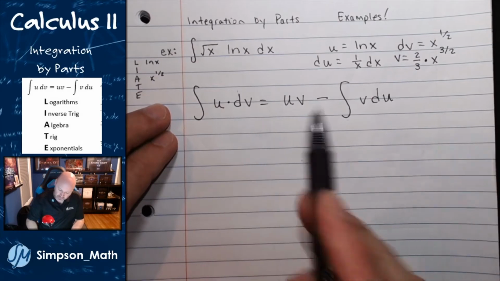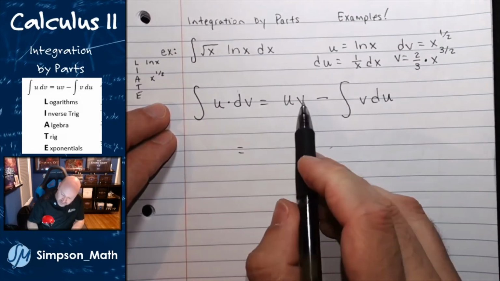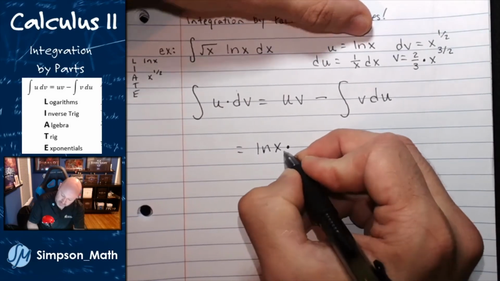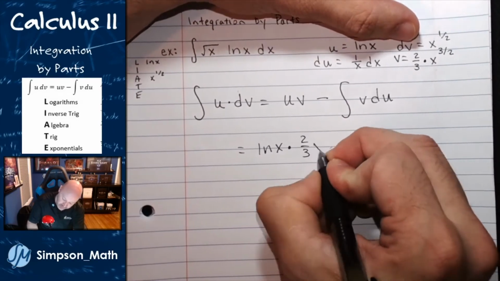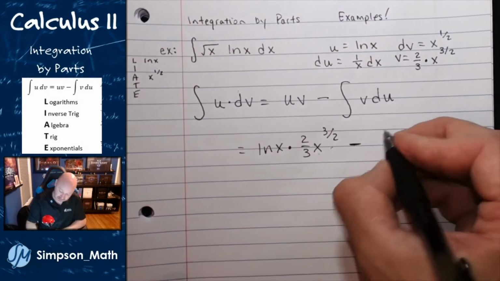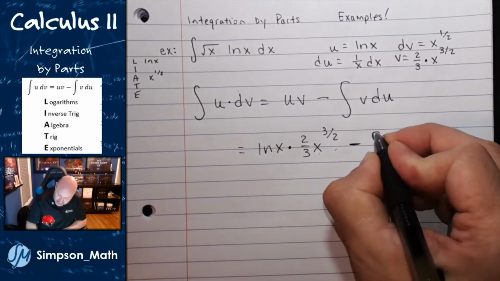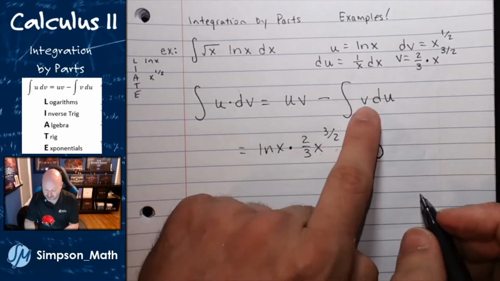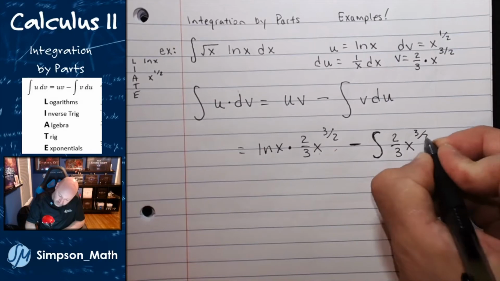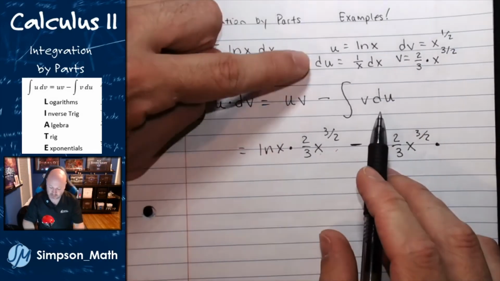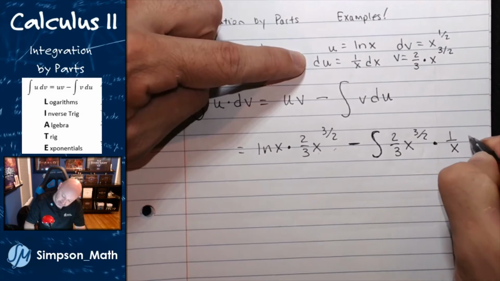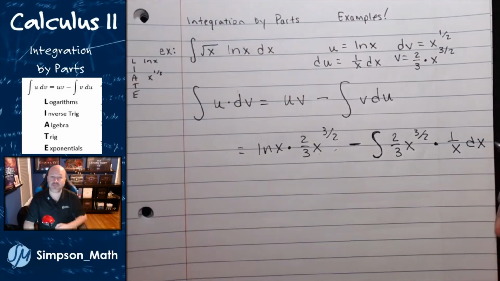All right. I've got u times v. So that is the natural log of x being multiplied by 2/3 x to the 3/2 power, minus the integral, I've got to do some more integration, of v times du, which we found to be 1 over x dx.